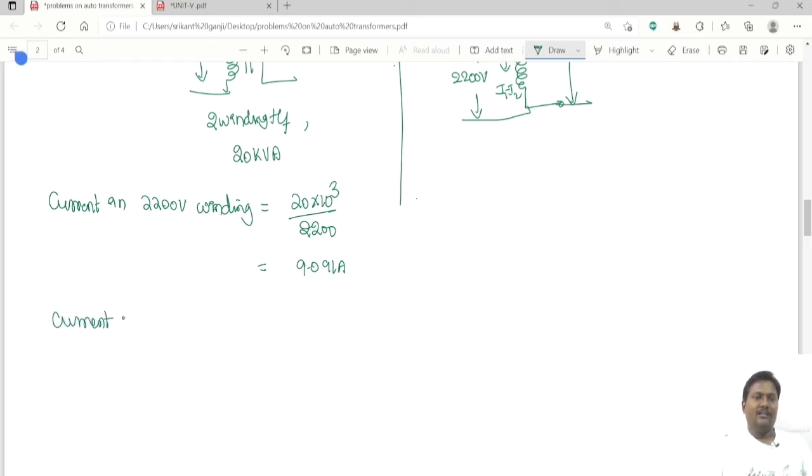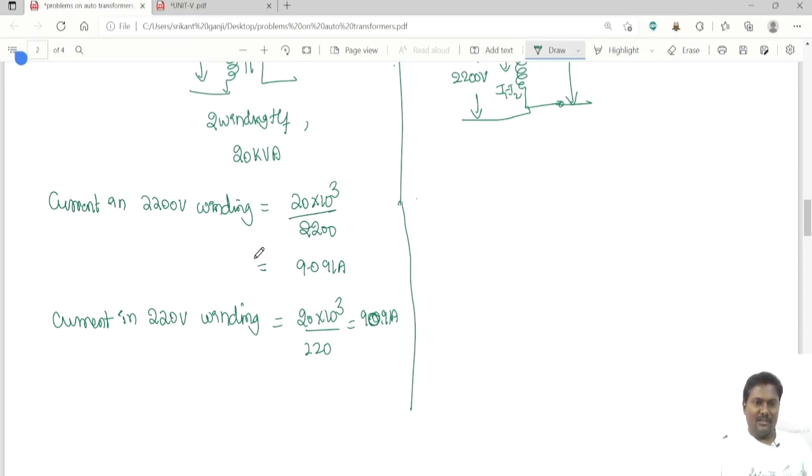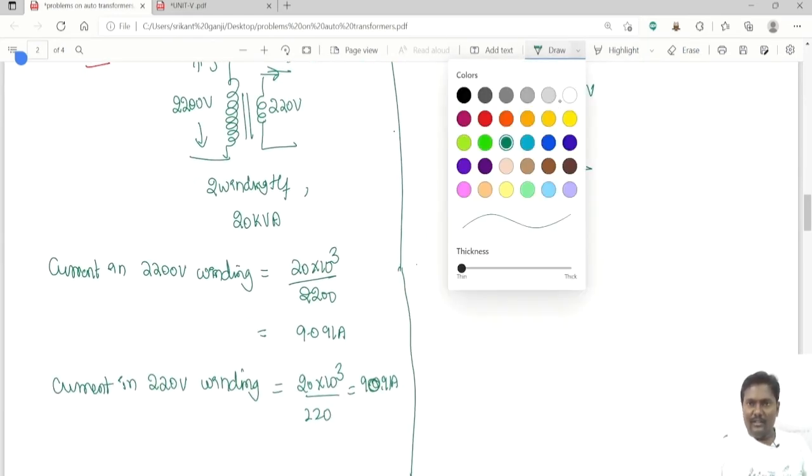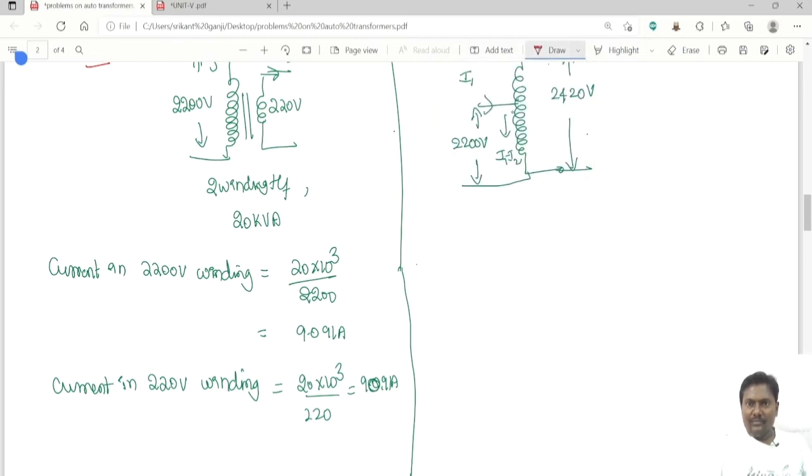The current in the 220 volts winding is equal to 20 into 10 to the power of 3 divided by 220, that should be equal to 90.91 amperes. This is the 220 volts winding, and this is the 2200 volts winding.